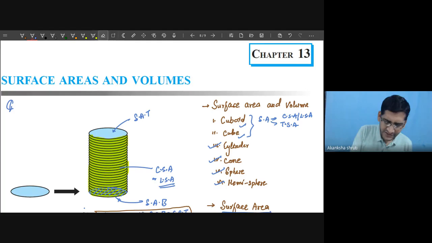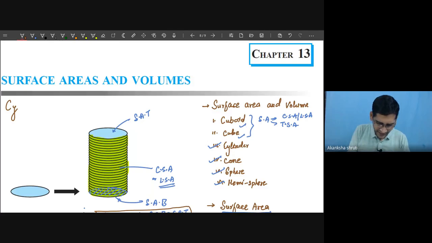So students, in previous classes we have learned about the disc and ring. We have learned that a ring is like a circle, and if the area enclosed is also packed, then it forms a disc.